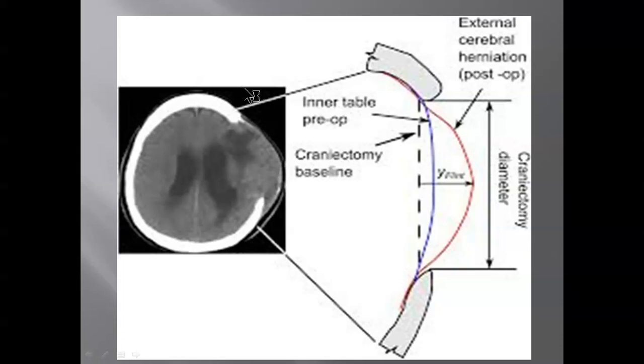If it's large, it maintains the basic structure of the brain herniating through it, and it's not compressing the brain that much. But overall, the complications of decompressive craniectomy remain bleeding, leading to hygromas or hematomas at the level wherever the decompressive craniectomy has been done.